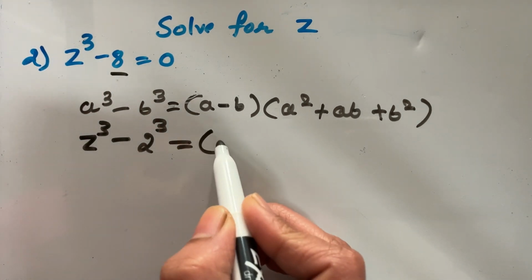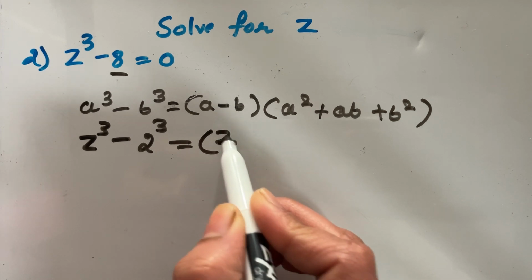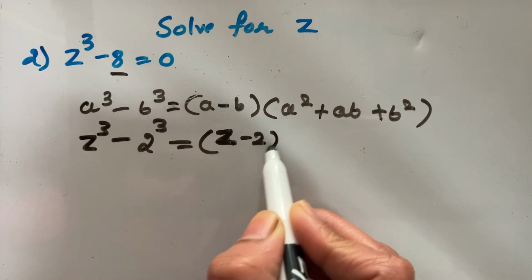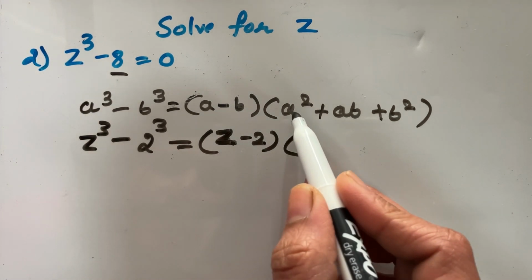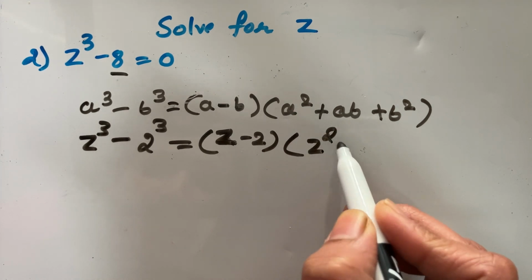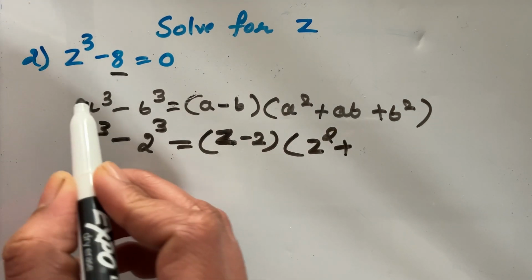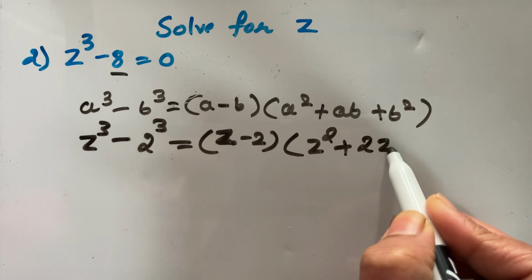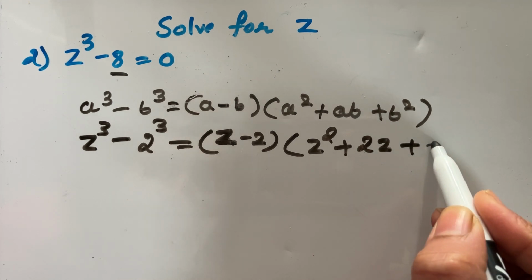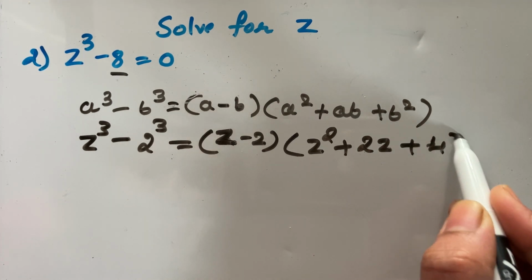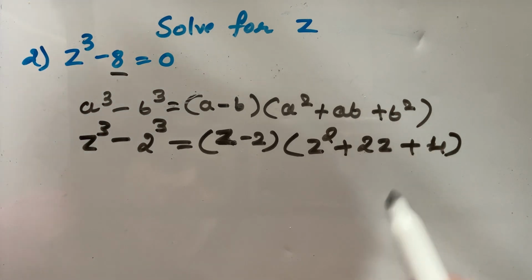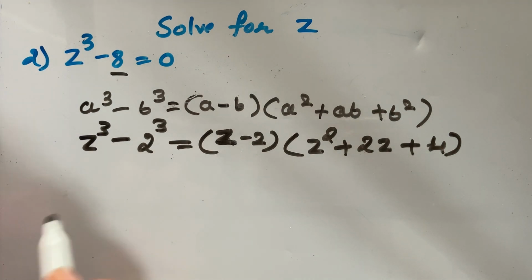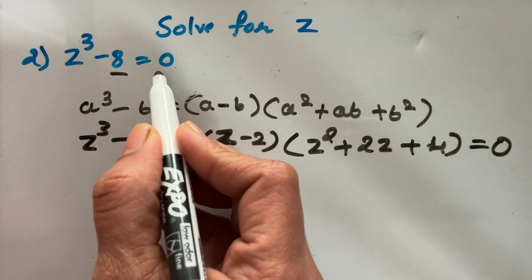So this is z minus 2 times a square, z square, plus ab, 2z, plus b square, 2 square, which is equal to 4. b is 2, so 2 square is 4, which is equal to 0, as given.